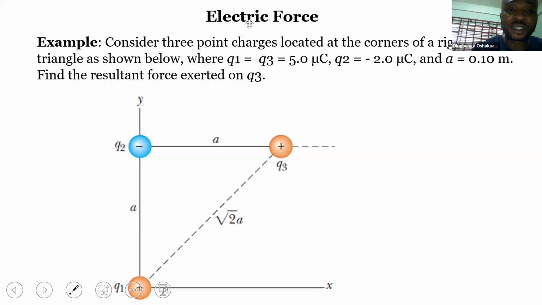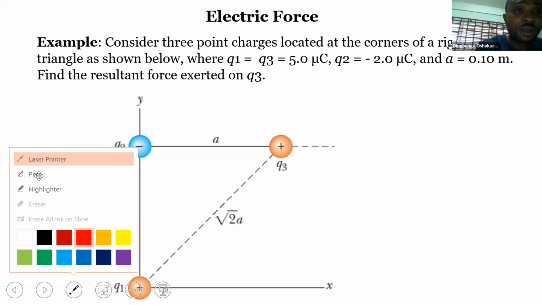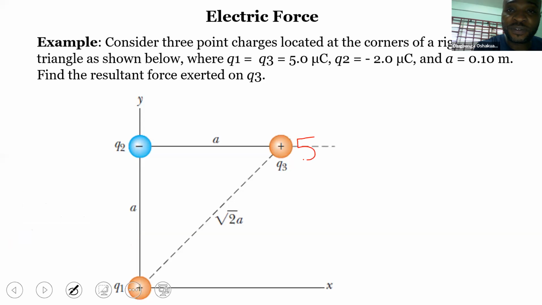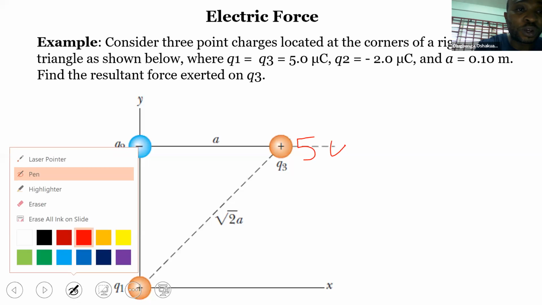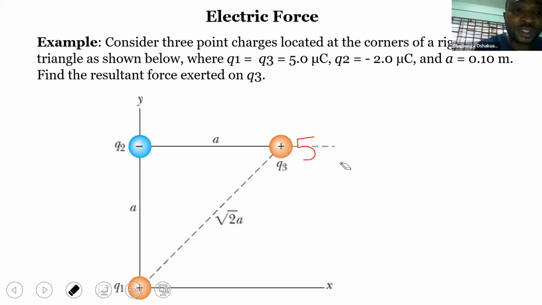Q1 and Q3 have a charge of 5 microcoulomb. When we say microcoulomb, what is meant is times 10 raised to power minus 6 coulomb.